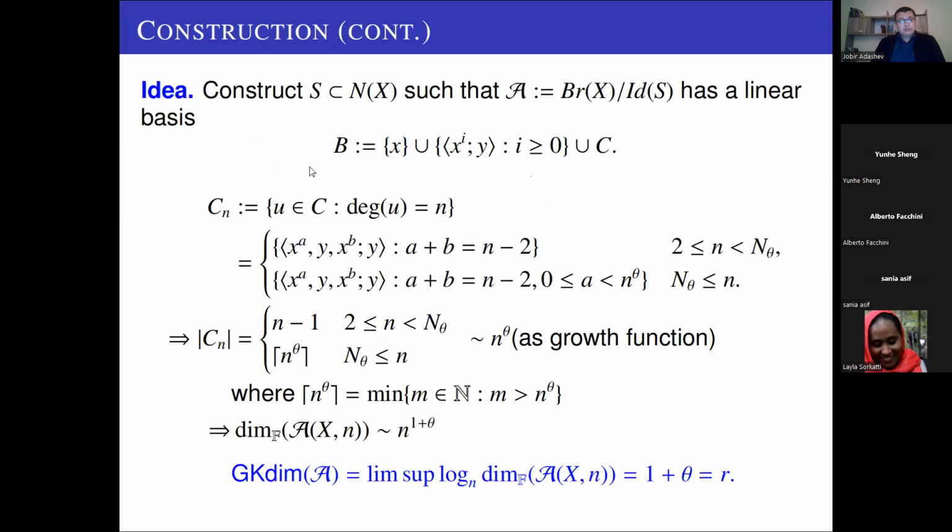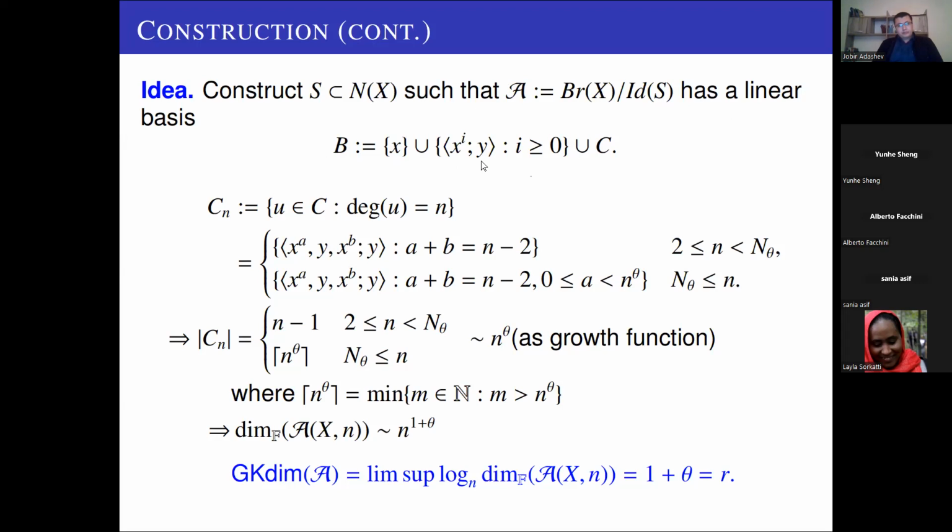So now our idea is like this. We want to construct a set S of normal brace words such that the quotient of the free brace algebra generated by X by the ideal generated by S has a linear basis B. B is the union of the set X, and the second part is like this.